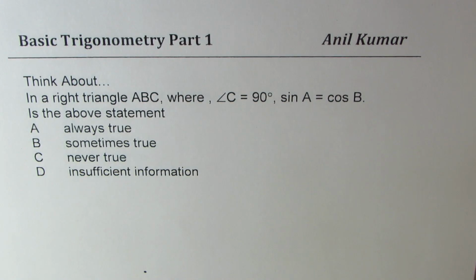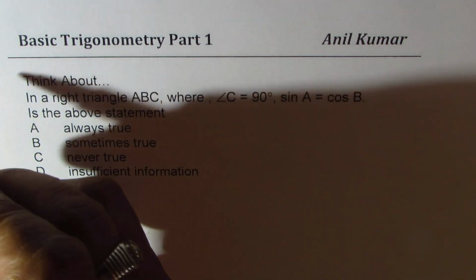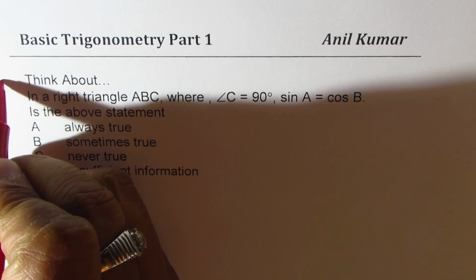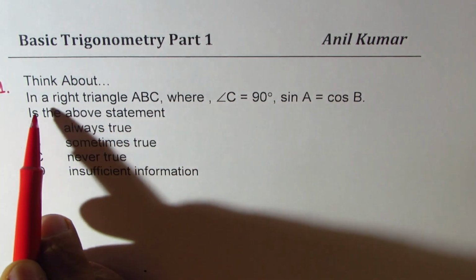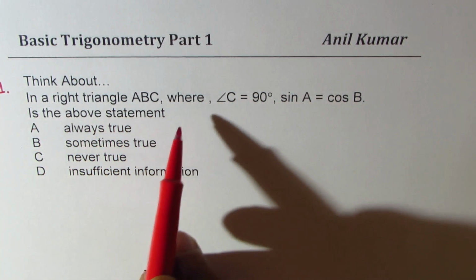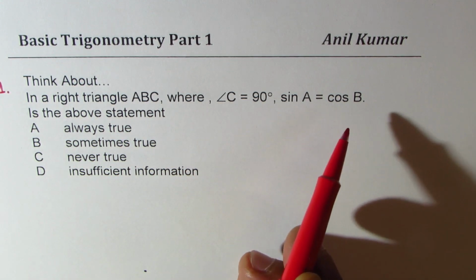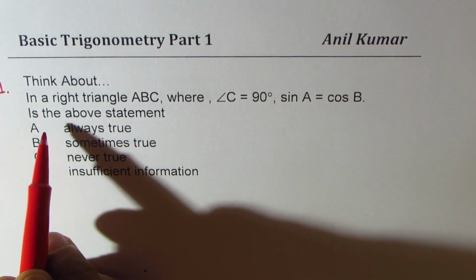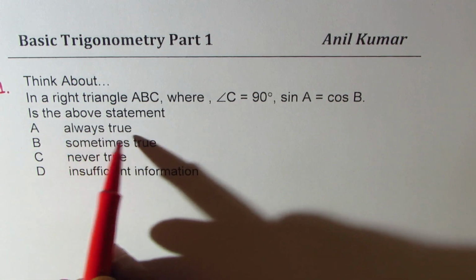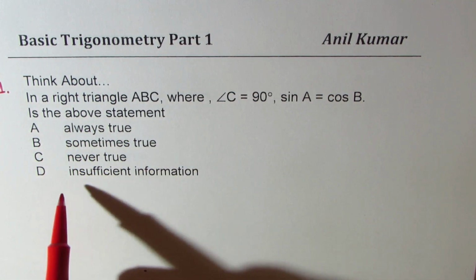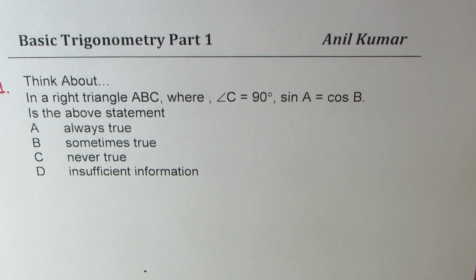Now let's talk about a few thinking questions related to the basic concepts about trigonometric ratios. Question number 1 here is, in a right triangle ABC, where angle C equals 90 degrees, sine A equals cos B. Is the above statement always true, sometimes true, never true, or do we have insufficient information?